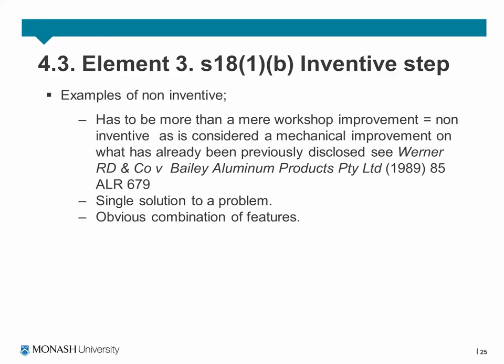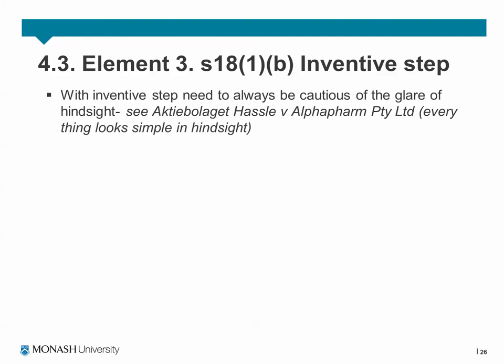Lawyers agree that it would be impossible to even give an example of this because they hardly or never actually exist in real life. The last one is if it's an obvious combination of features. So, avoid those for inventive step. That's where the last issue is with inventive step.